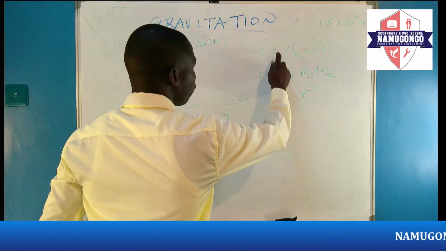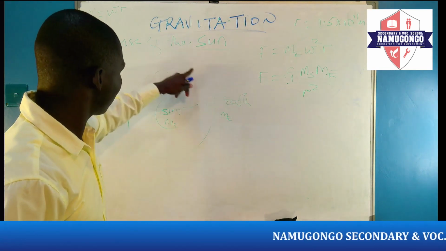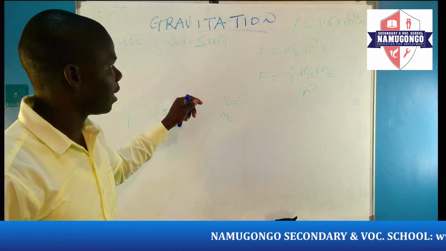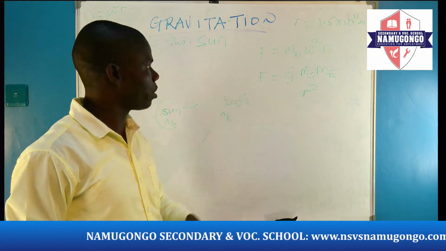Now, these two forces have to balance for the earth moving around the sun. The centripetal force is provided by this gravitational force.